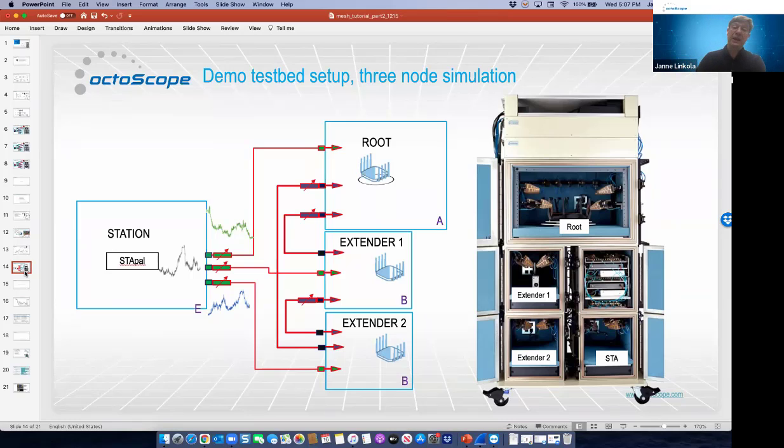And I placed the nodes really on top of each other on each of the floors. Wherever I put the mesh node in the basement, I then put the extender on the first floor above that, and then the extender on the second floor above that, roughly.